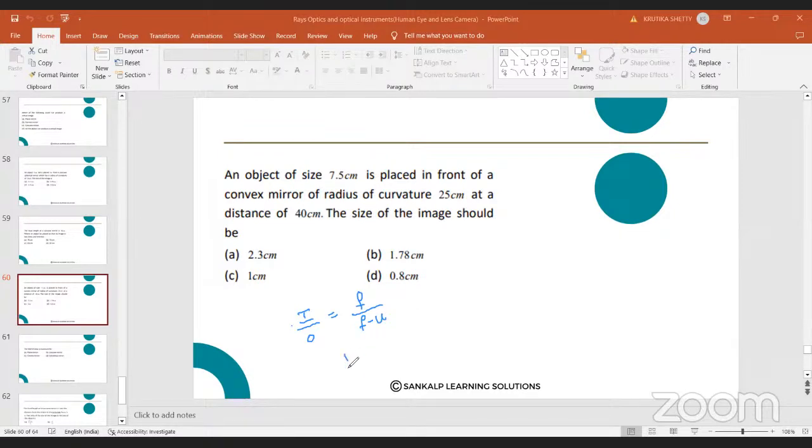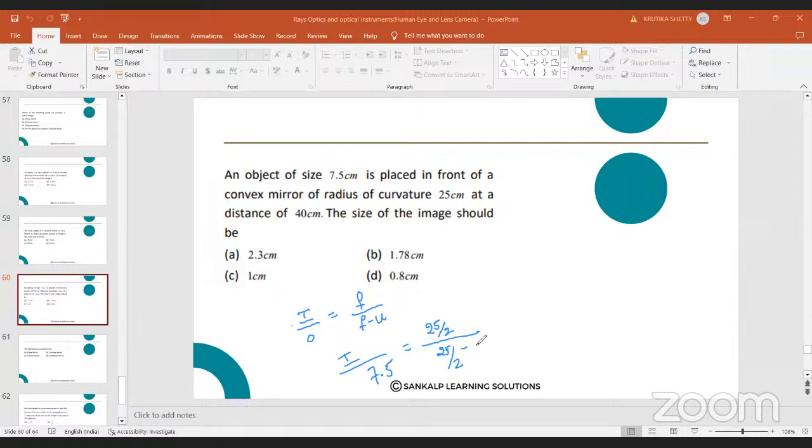So I'll substitute: the object height is 7.5, f is 25 by 2, because radius of curvature is given as 25 centimeter, the focal length will be half of the value, 25 divided by 2, and the whole divided by f again 25 by 2 minus u.